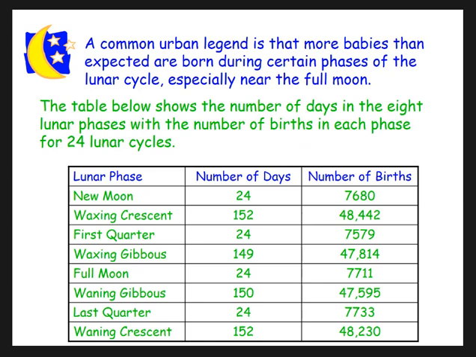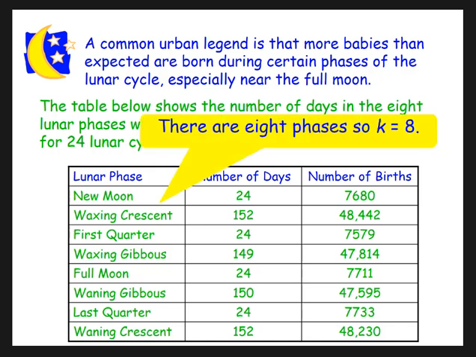So a common urban legend is that more babies than expected are born during certain phases of the lunar cycle, especially near the full moon. The table below shows the number of days in the 8 lunar phases, with the number of births in each phase for the 24 lunar cycles. So there are 8 phases, so k equals 8.